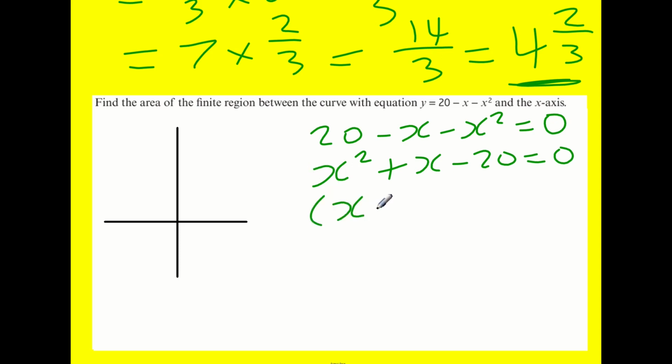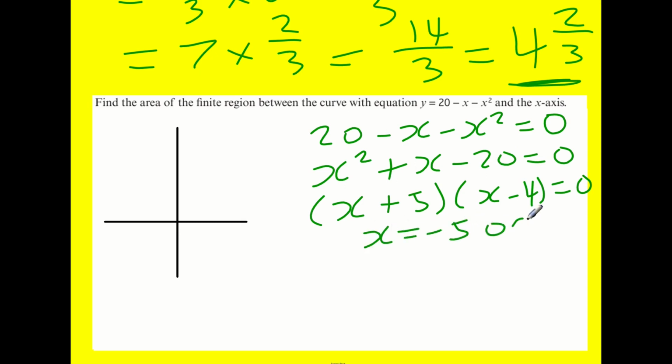Factorize, it's going to factorize. You can see 5 and 4 are going to work, so it's going to be x plus 5 and x minus 4 equals 0. To multiply to give minus 20, add to give 1. And so we're going to get x equals -5 or 4.